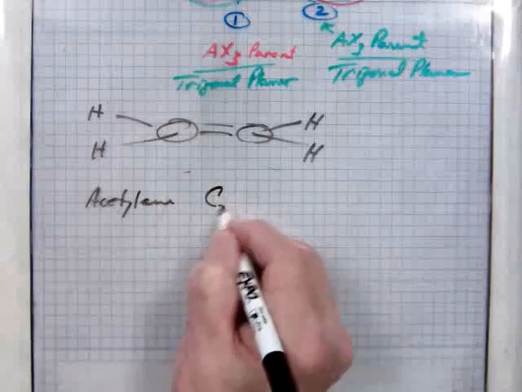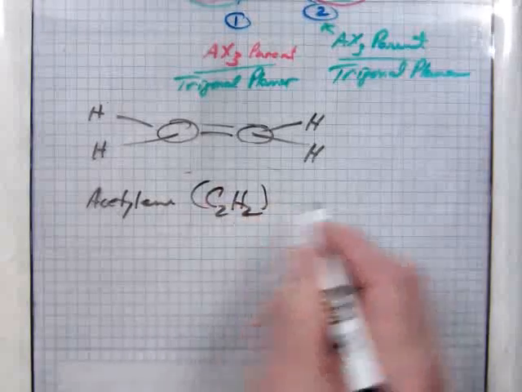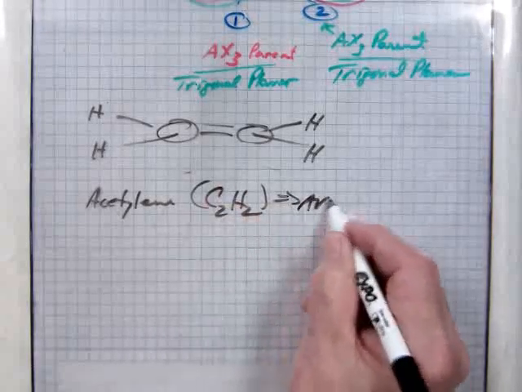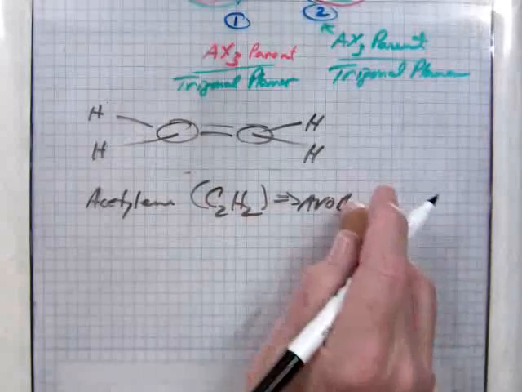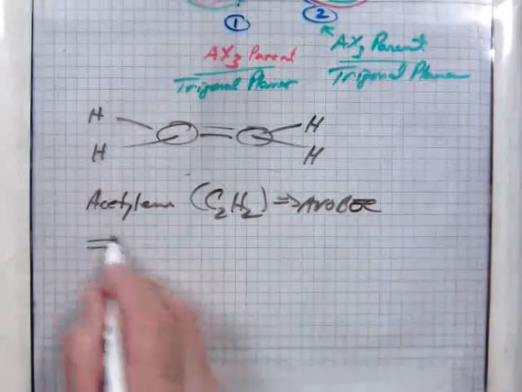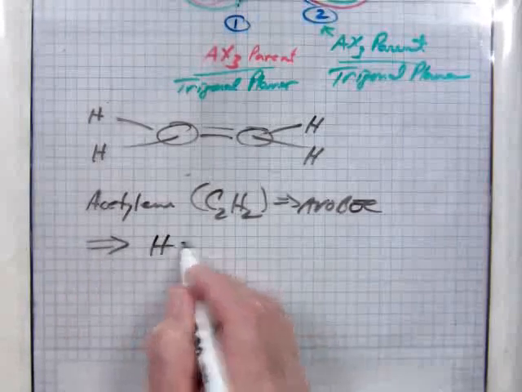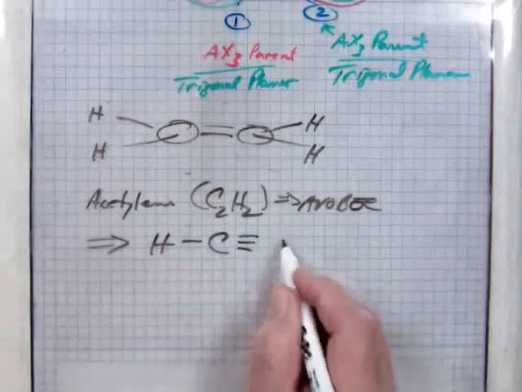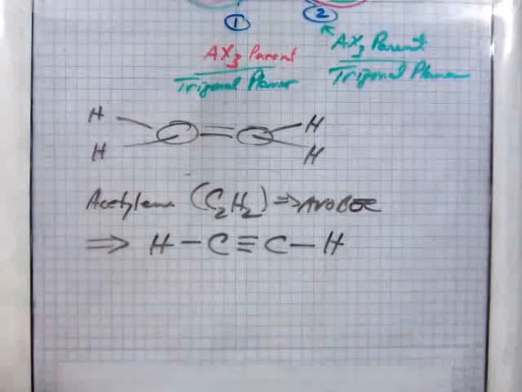It's C2H2, and if you went through the AVO back, it'll give you a structure, H, triple bonds in between the carbons, and I think I did this example yesterday.